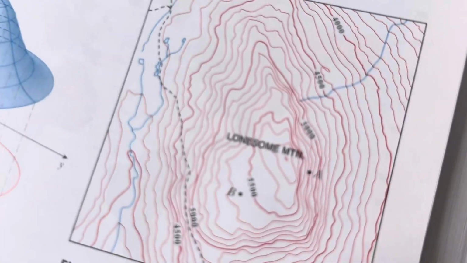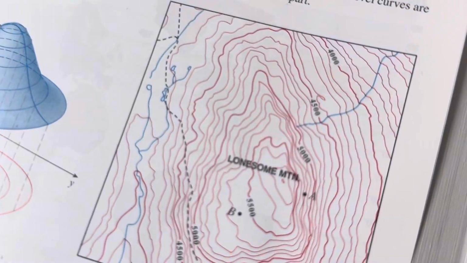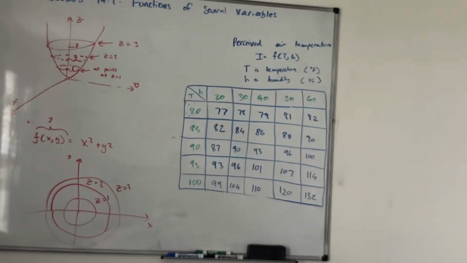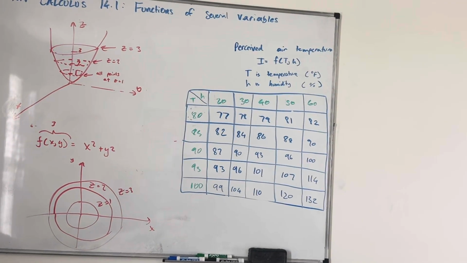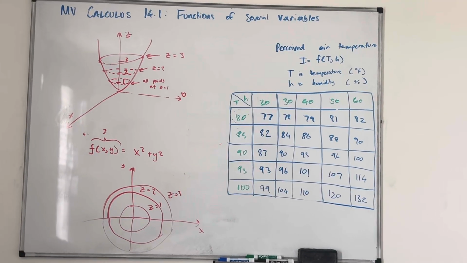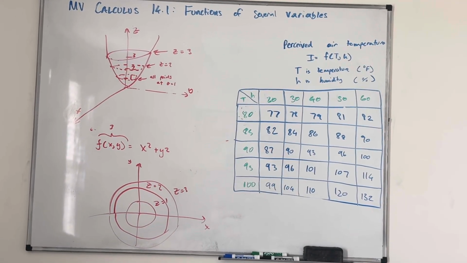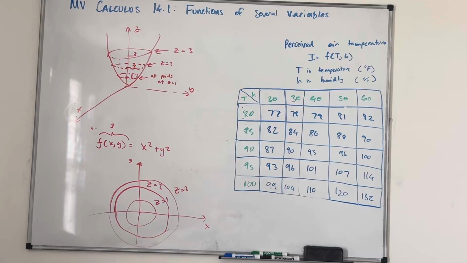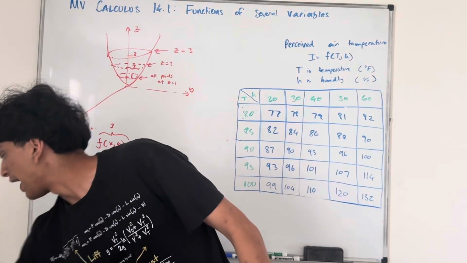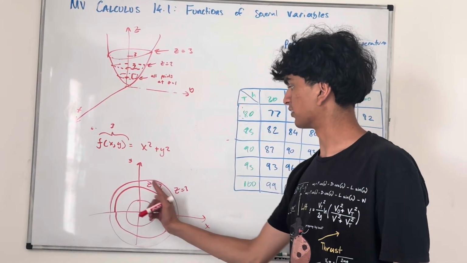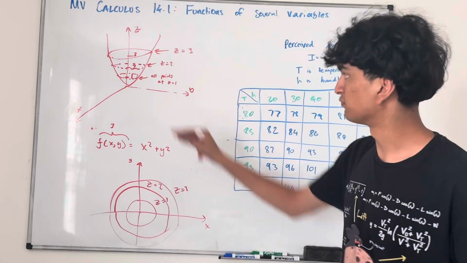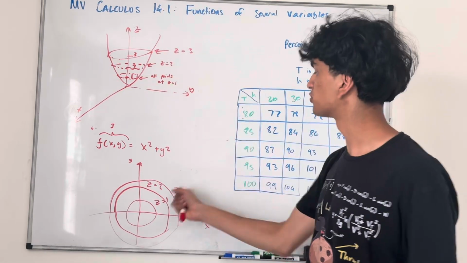And on these maps, each line represents a different elevation, right? Oh my God, my camera got messed up. Oh, this is bad. All right. It represents different elevations. So all points along this curve represent elevation or height at z equals 3.